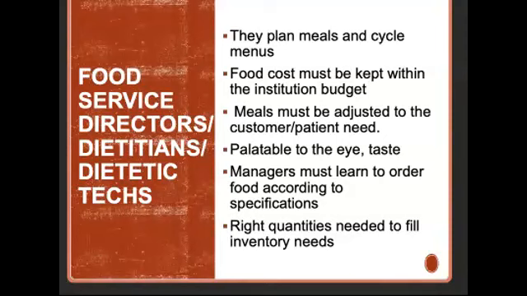As you might know, if you get your registered dietitian license, you might be able to also work in any food service field that is out there.